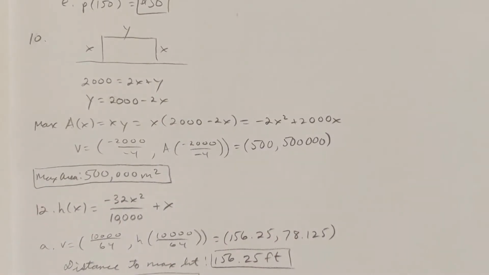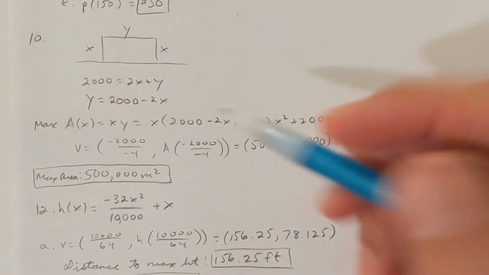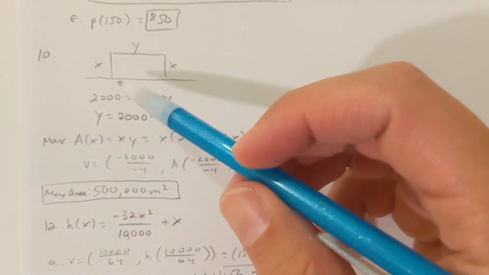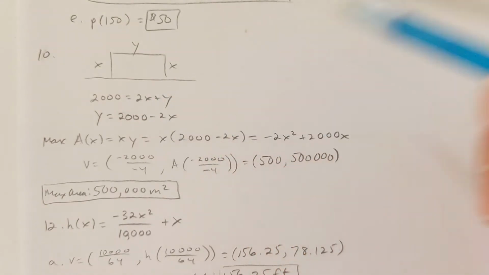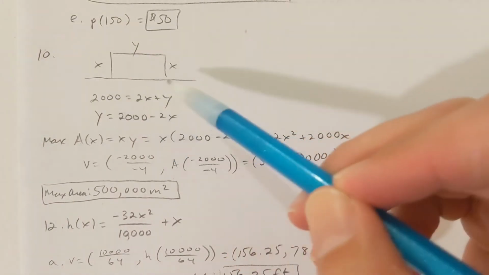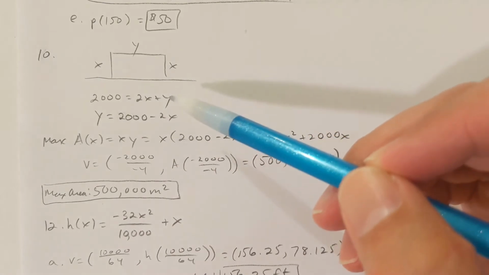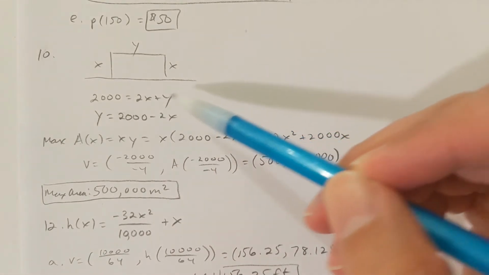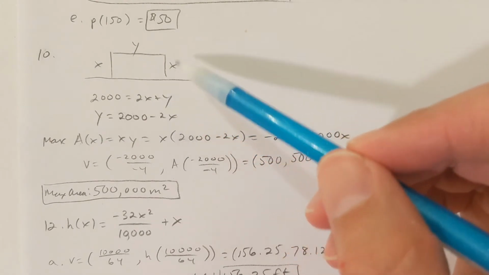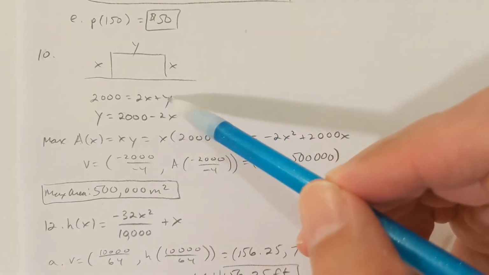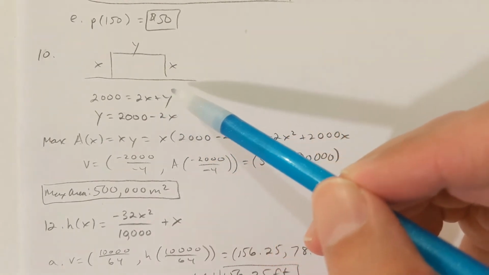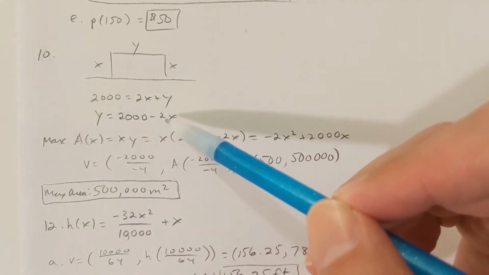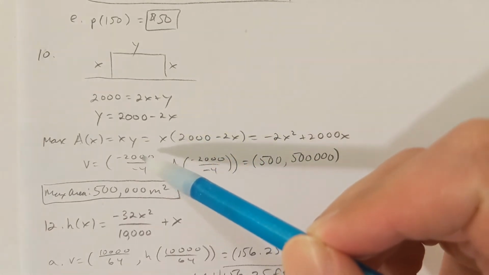Okay, so we've got a rectangle. I've got X and Y. Not going to fence along the highway. I've got just these three sides here. 2x plus y equals 2,000. Y is equal to negative 2x plus 2,000.